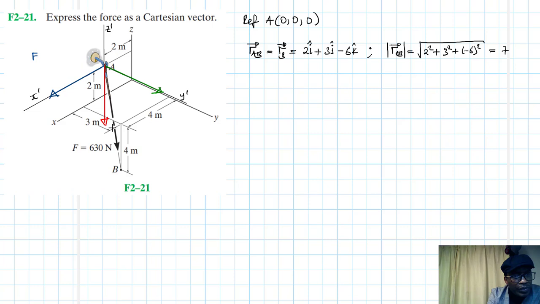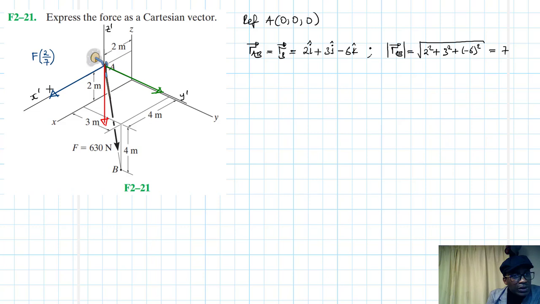Okay, this distance, the position of B in the x-axis. So this is just F, which is 2 divided by the magnitude of RAB, or the hypotenuse, which is a 7.